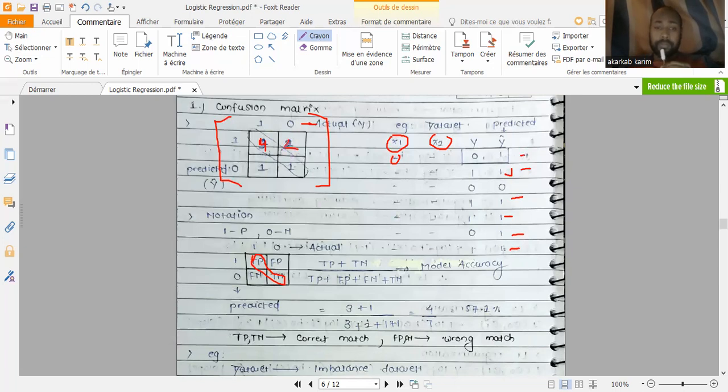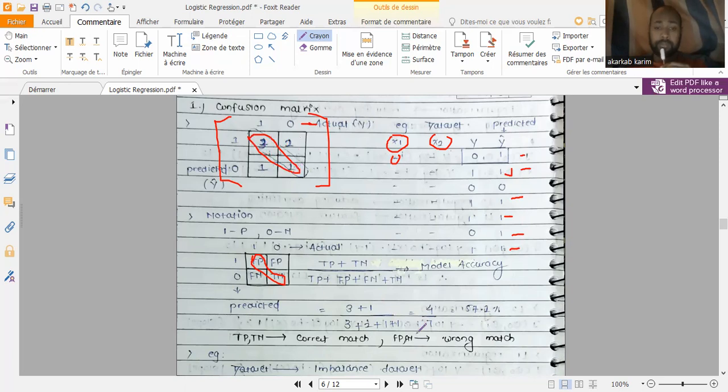We have here 0 and here 0. It's okay. So let's work on this. Let's consider this 3 and 4. To measure my accuracy, it is 3 plus 1, true positive plus true negative, divided by 3 plus 1 plus 1 plus 1.